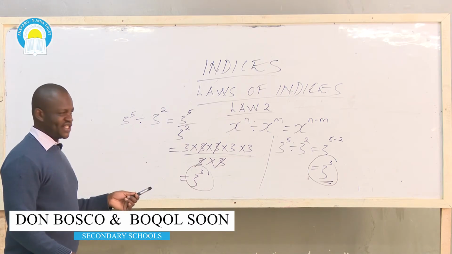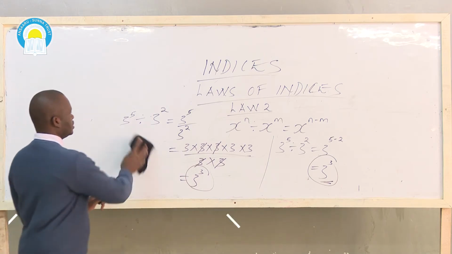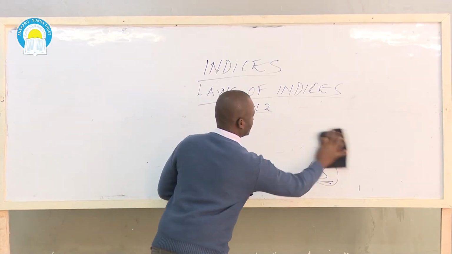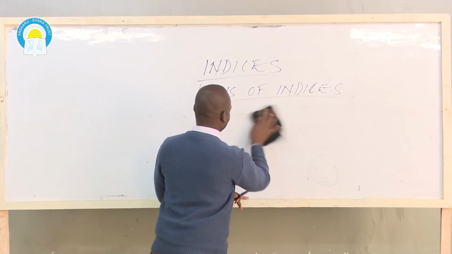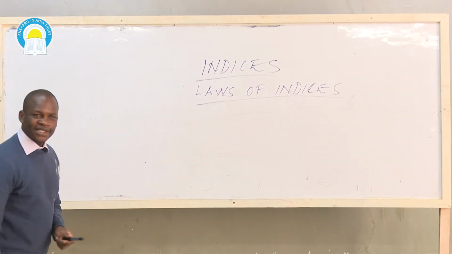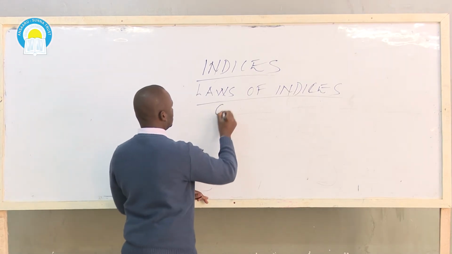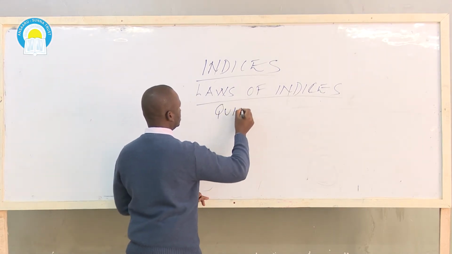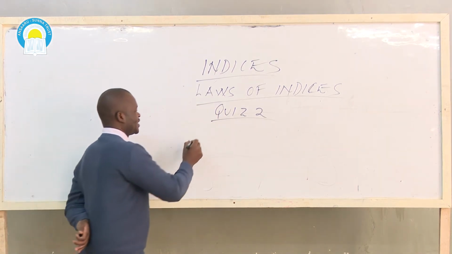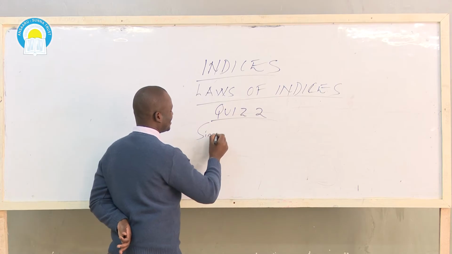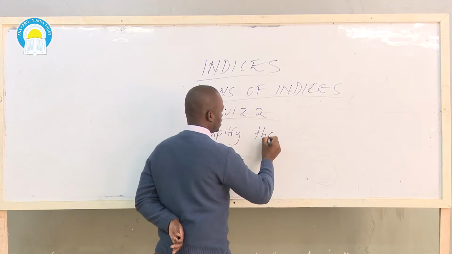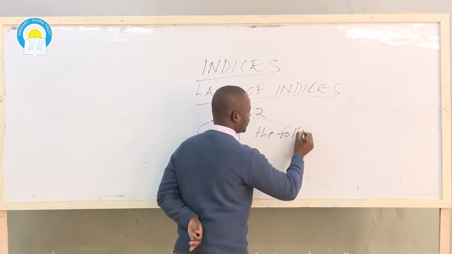So again, in that connection, I will give some 2 or maybe just 3 examples. Now, quiz number 2, based on law number 2. So what is the question here? Question is: simplify the following.